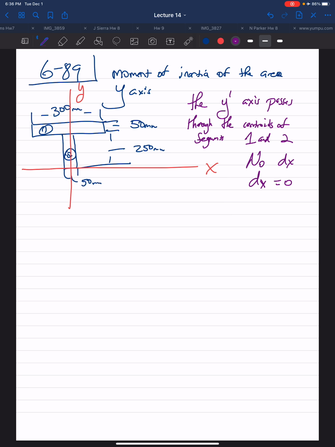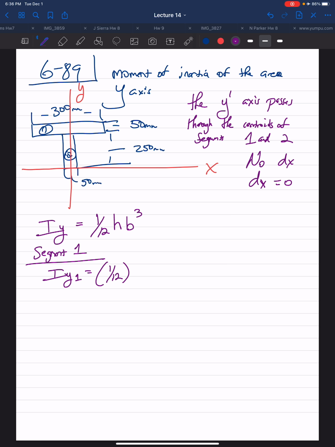All right, so with that being said, the problem's asking about the y-axis, so it's I sub y, which we know from Appendix B to be 1/12 height base cubed. So for segment 1, the height, which is 50 millimeters, times the base, which is 300 millimeters cubed.